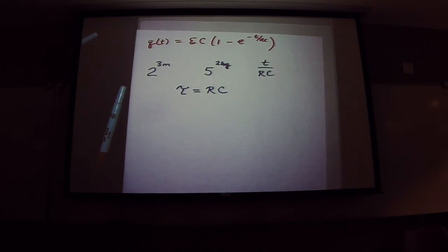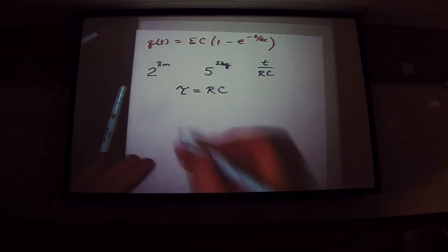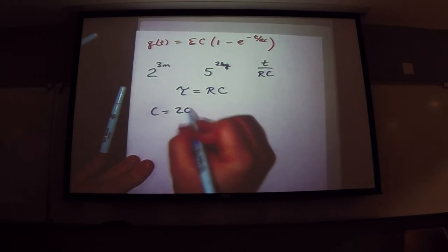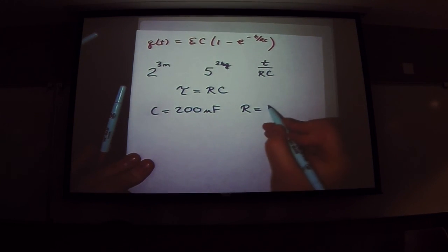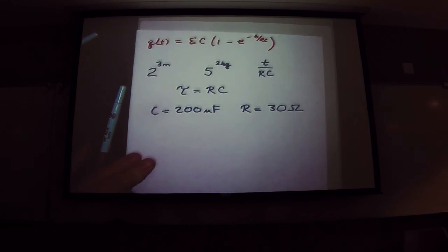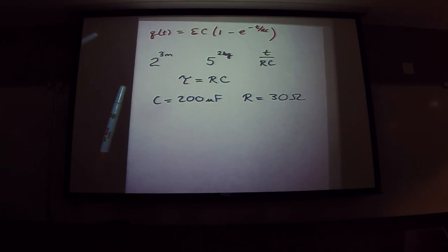Now, depending on what circuit you're dealing with, if I have a capacitor of 200 microfarads and a resistor of 30 ohms, if you multiply this out, the time constant is like 6 milliseconds.